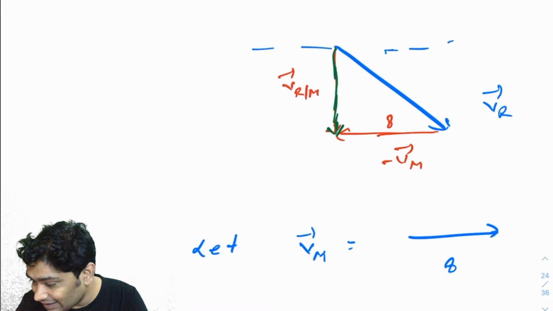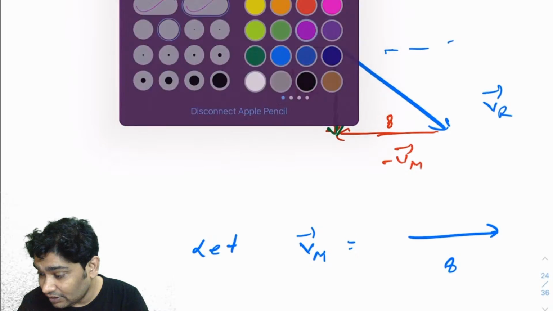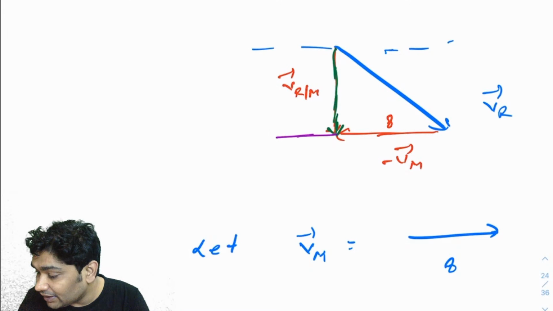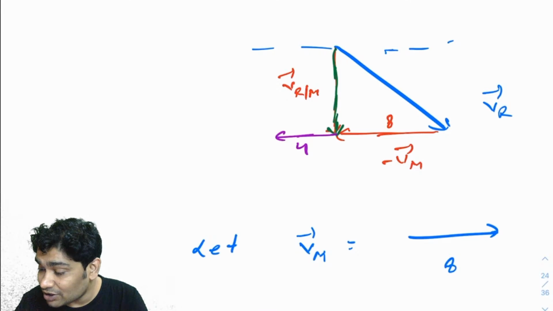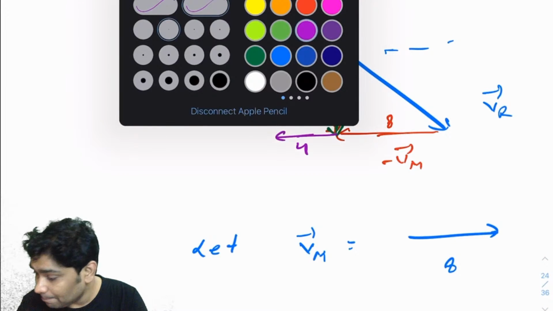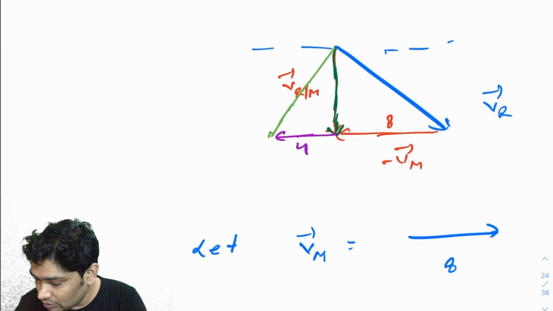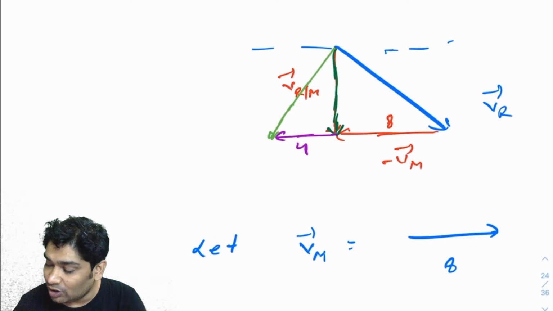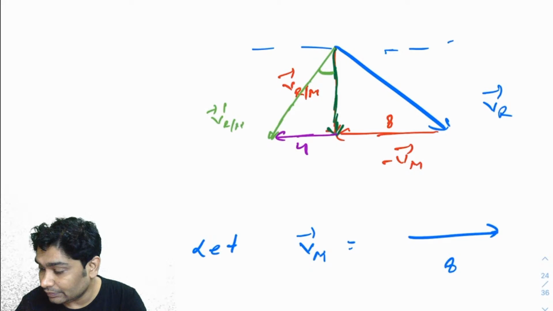So all I know is that this is 8. Next, if this becomes 12, then you add another vector basically to this, 4. Alright. And now, what will be the velocity of rain with respect to man? It would be this. So this would be my second velocity, Vr dash with respect to man vector. And this angle is 30.